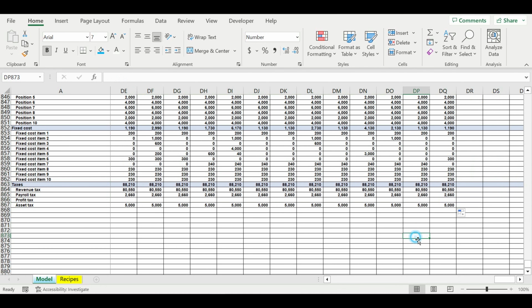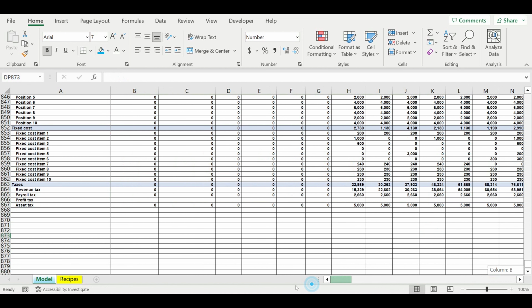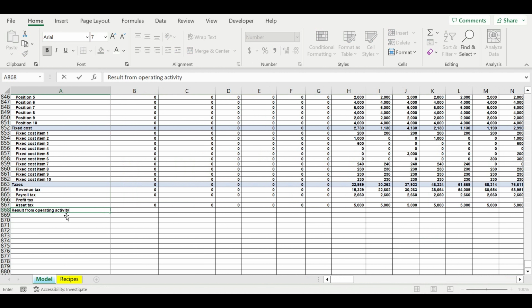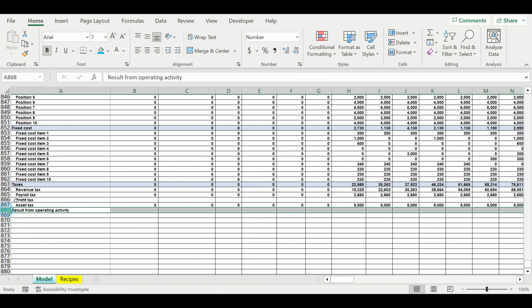And now we're moving to the first important line inside the cash flow. This is the result from operating activity. This is how our business breathes by itself without external burden like loans and so on.